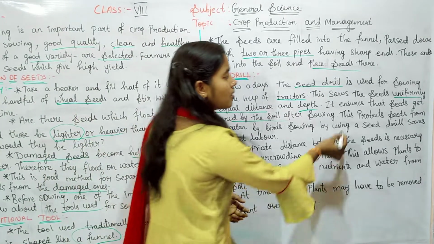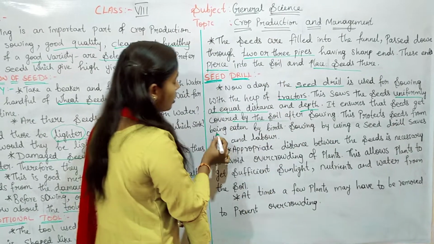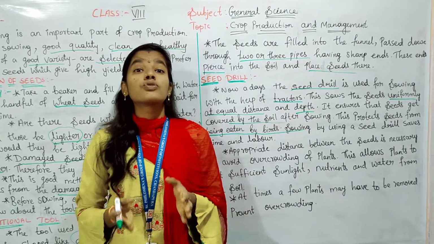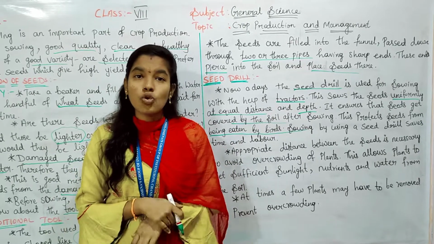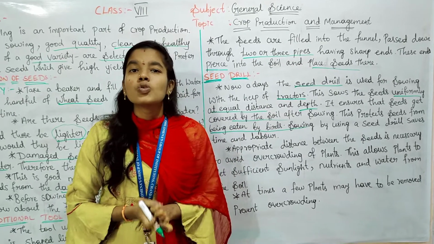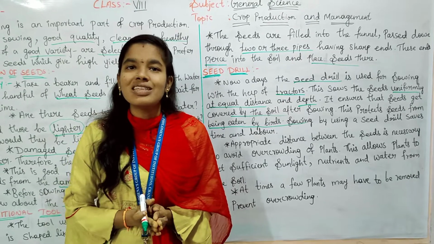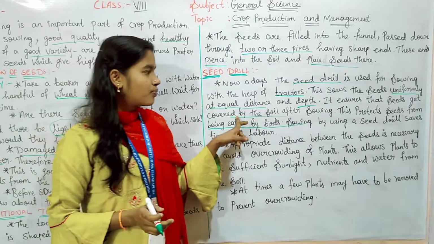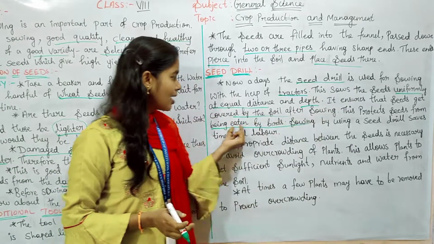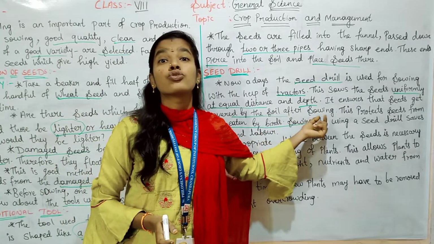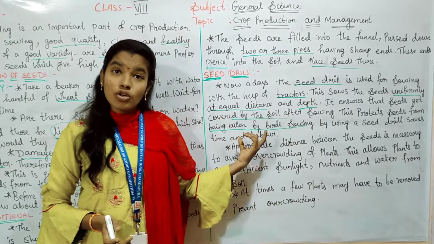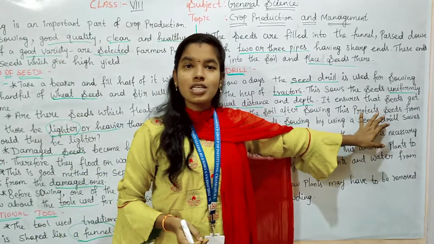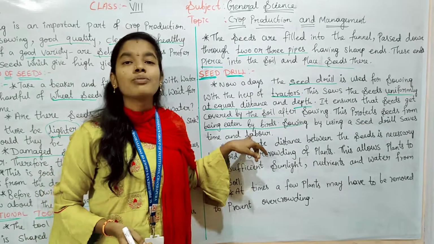This protects seeds from being eaten by birds. Why must we cover the seeds with soil after sowing? Because it protects the seeds from being eaten by birds.